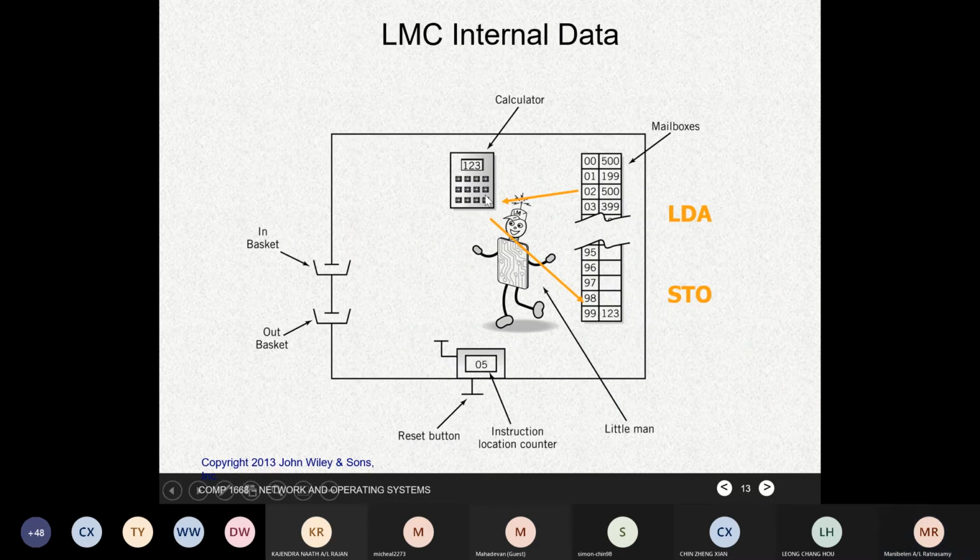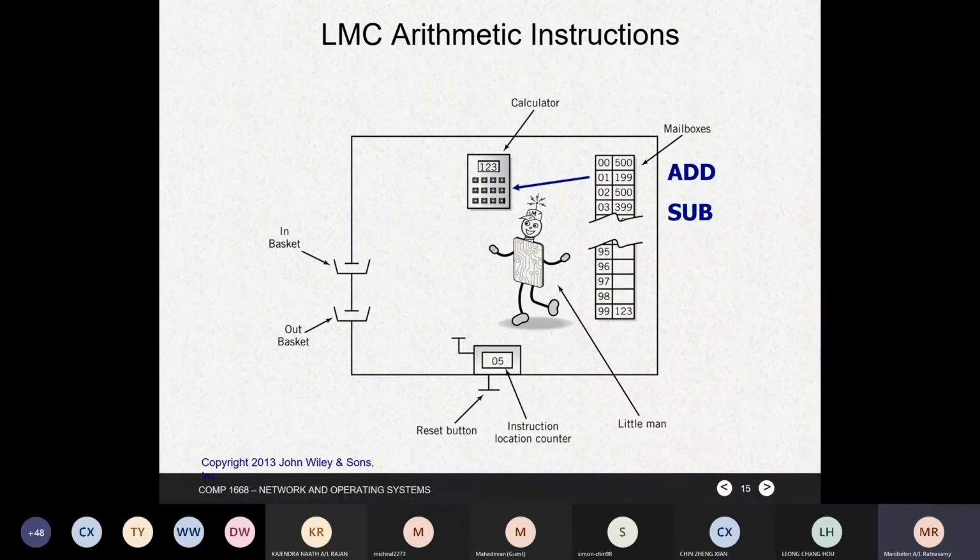Load, then we save back or we store back. We don't call it save, we call it store in LMC. But in today's world, we call it save. Human beings started with numbers in those days. Today, of course, you can save video, audio, numbers, text, and so on. But not last time. Last time, the computers could only accept very simple characters.